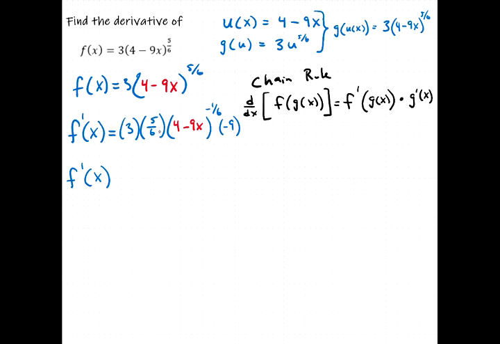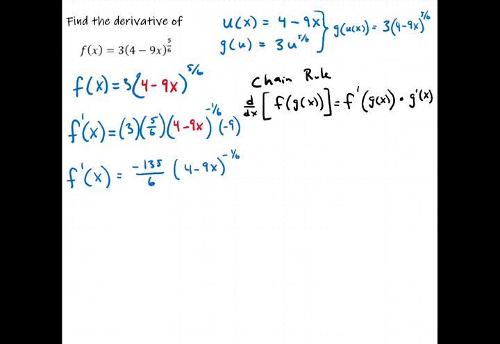Let's see, so we have 3 times 5 is 15, times 9 is 135, so we have a negative 135 over 6, times 4 minus 9x to the power negative 1 over 6.